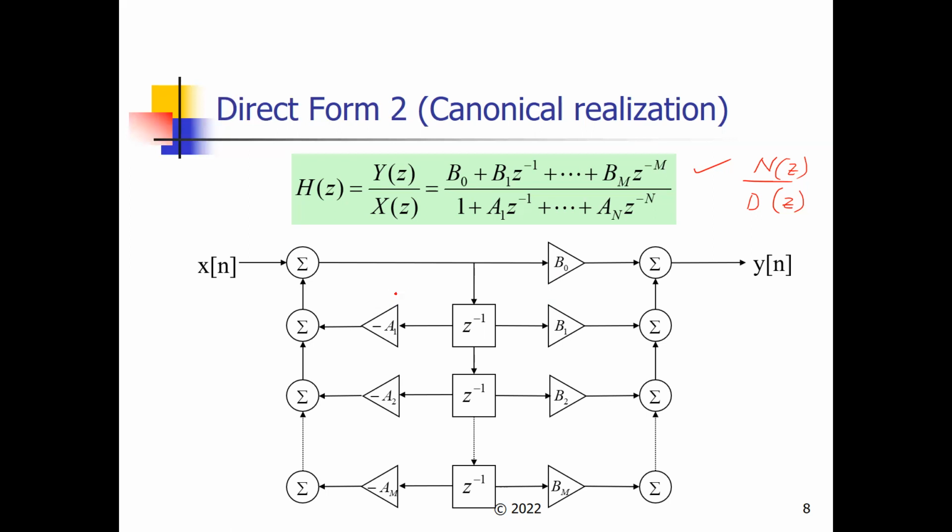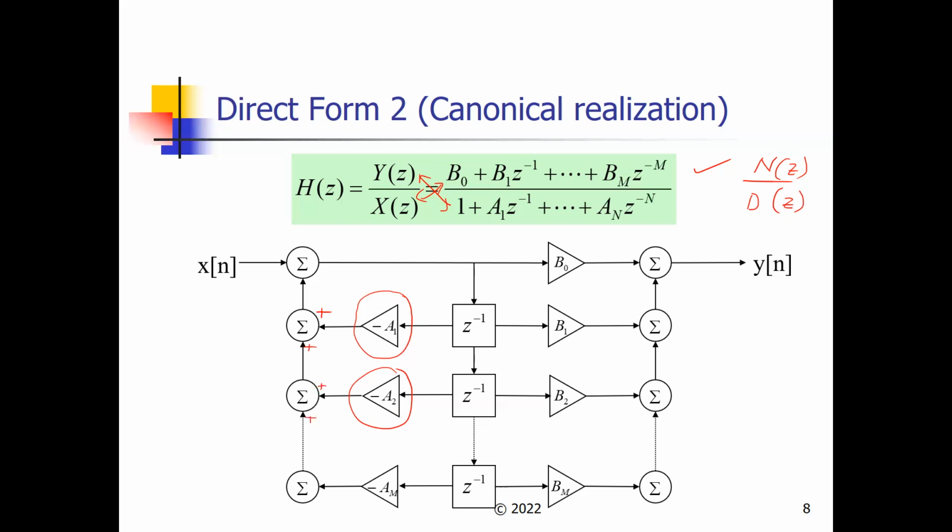So some books, and I've used it here in the slides, put the feedback factors as minus A1, minus A2, because if you were to cross multiply here and then put Y(z) equal to B so and so, it will be minus A1, minus A2 and so on when you express Y in terms of X. So the standard form for the block diagram has a minus sign in terms of the factors here. And this is all plus signs here.